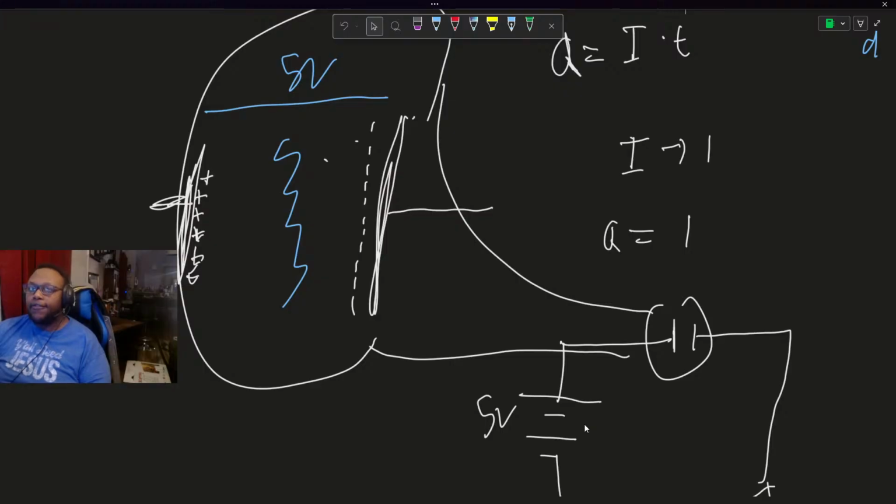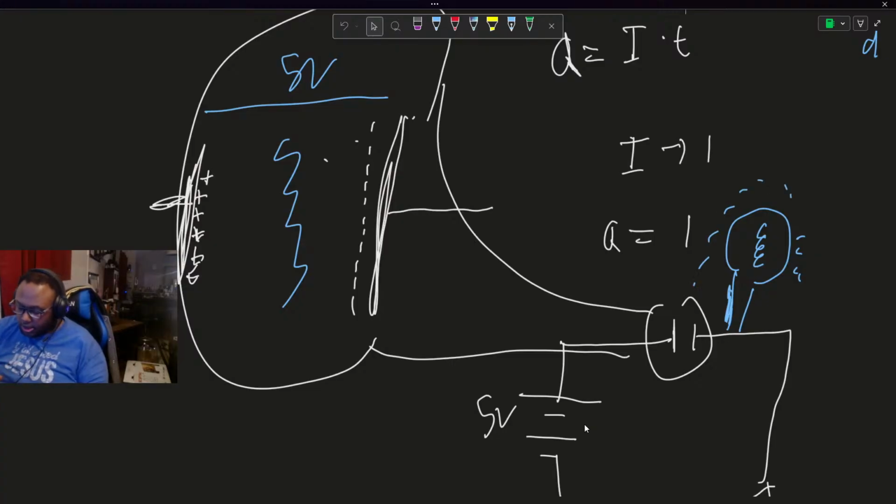With that being 5 volts at steady state, when you finally connect something to the circuit, let's say a light bulb, this is basically gonna pull all the current into this wire.